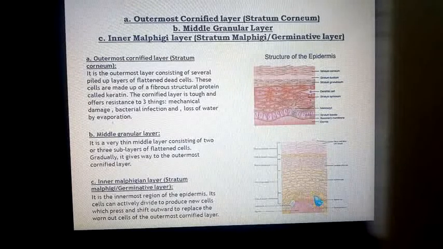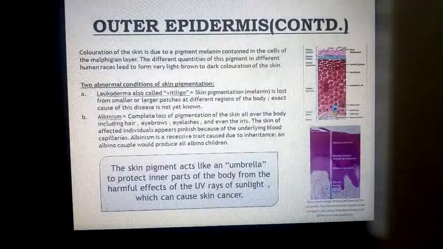It is made up of cells which are actively dividing to produce new cells, which press and shift outward to replace the worn out cells and the outermost cornified layer. That is, you understand by this, all these layers are produced by stratum Malpighii.